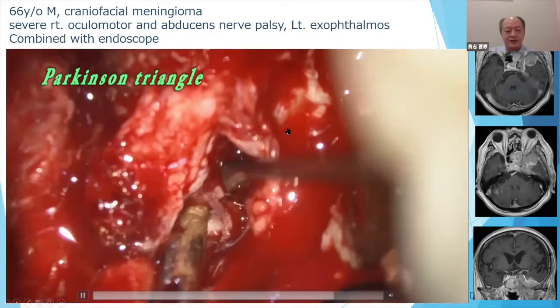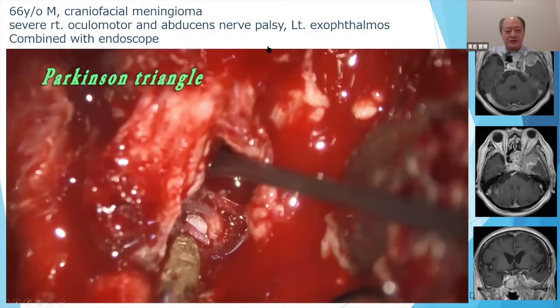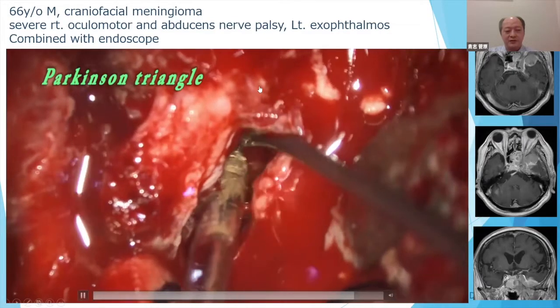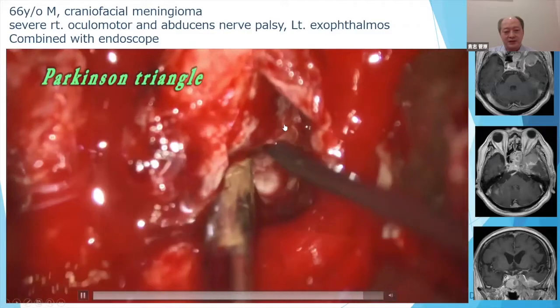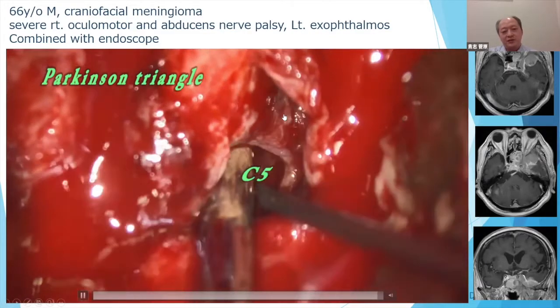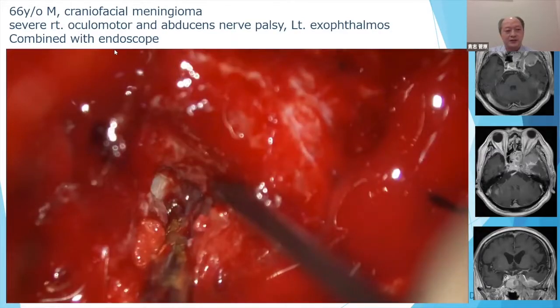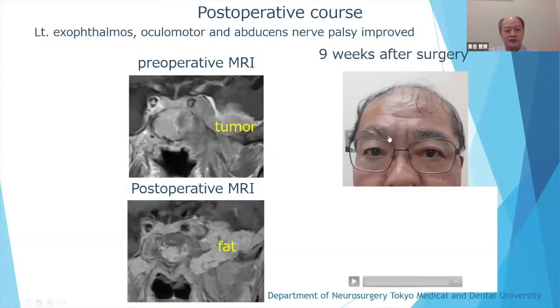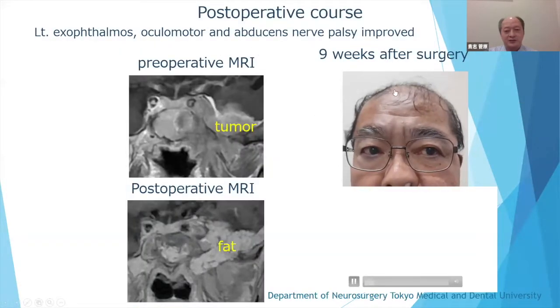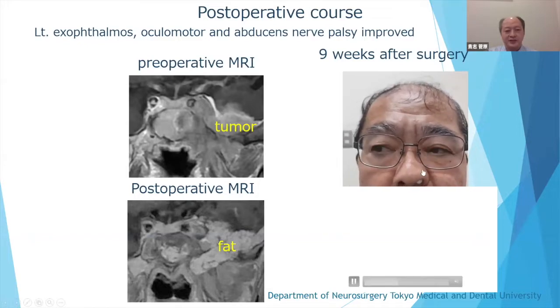C4 again. Now, of course, it's impossible to remove all of the tumor in the cavernous sinus, but I try to remove as much of the tumor in the cavernous sinus as possible. And also, his oculomotor and abducens nerve palsy completely improved 9 weeks after surgery.